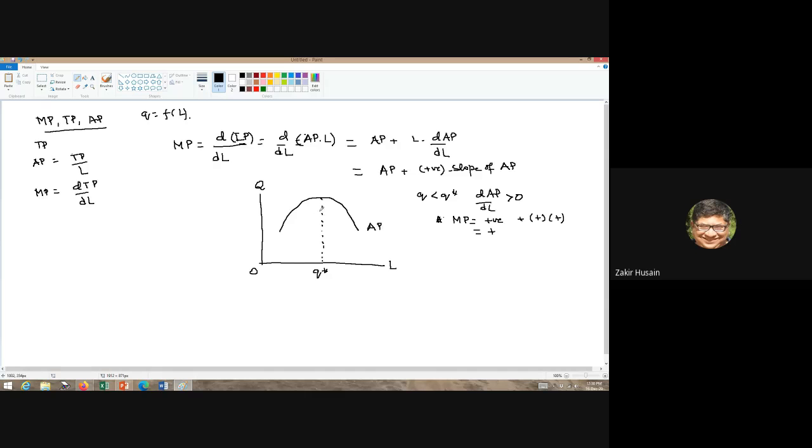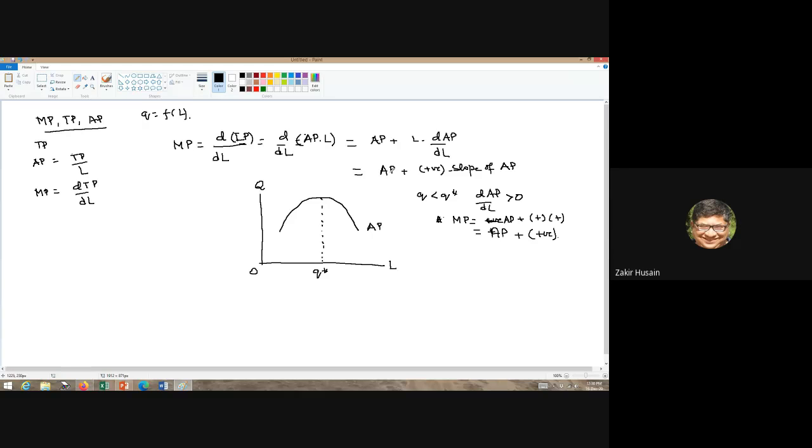Marginal product will be positive. Focus on this, don't write AP. So what is this? MP equals AP plus a positive amount.